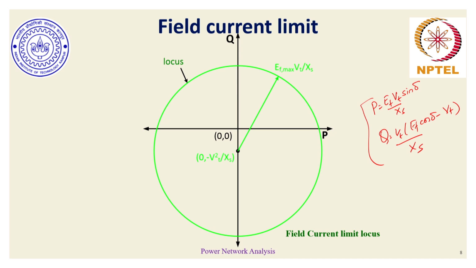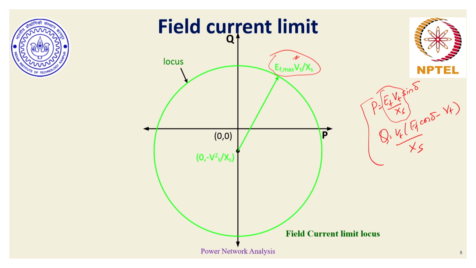Now, if you look at the first term of real power, it is EfVt by Xs, which is also similar to the radius which we have over here. So, if we have to find how delta should be marked, then suppose we know that the corresponding sine component of delta, if it is multiplied with the radius of the circle, should be nothing but the real power.